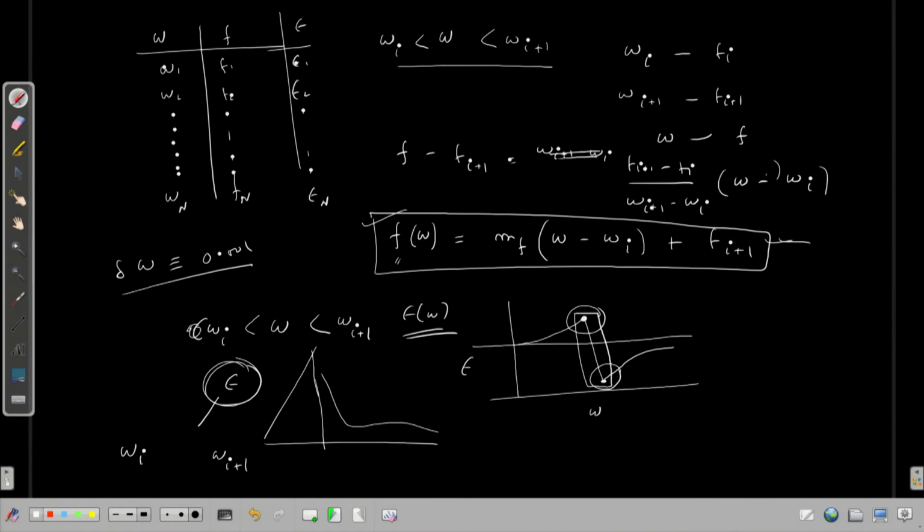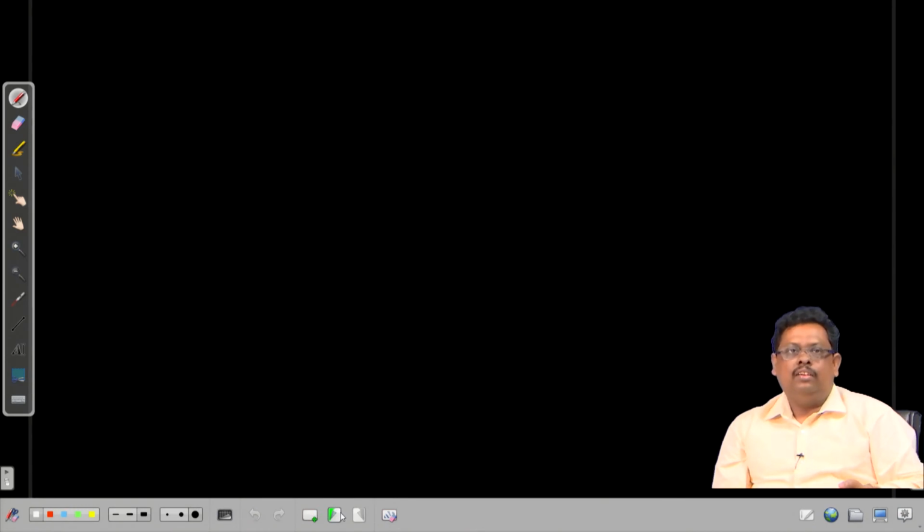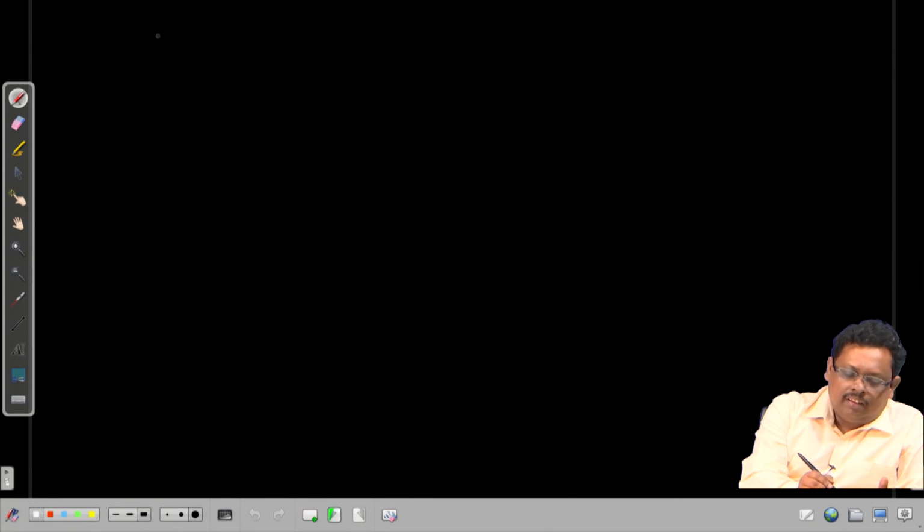You can take any phase if the phase is not rapidly changing, and when it is rapidly changing, then we have to see what other possibilities we can explore. But let us forget this part; in the other part, linear interpolation works absolutely fine. Now I understand how I get this amplitude f of omega.